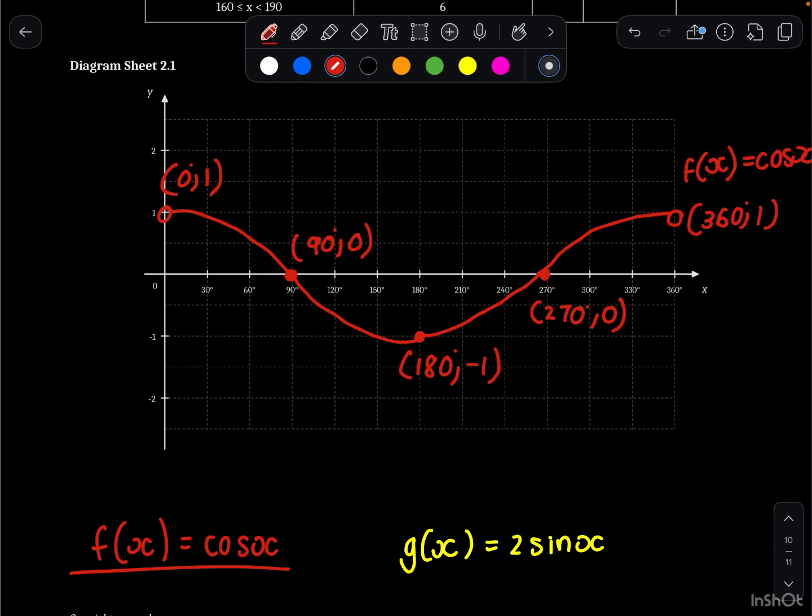Then we can draw the graph of 2 sine x. Again, you know the graph of sine x. This is just 2 times the size. So wherever sine x was at the 1, it's going to be at the 2. So we start at the 0. And then when it's 90, it is at 2.